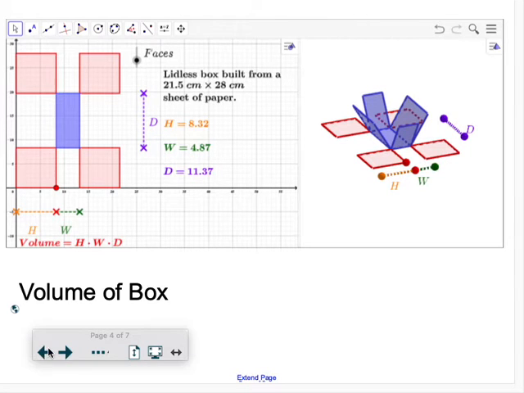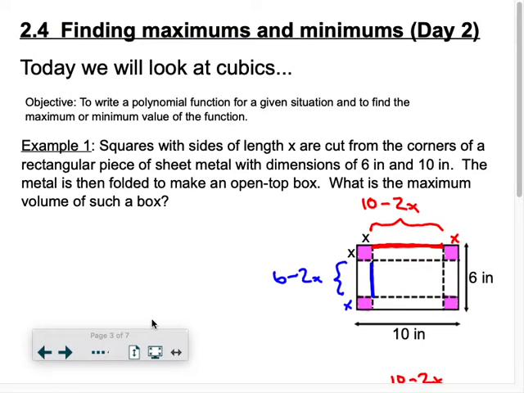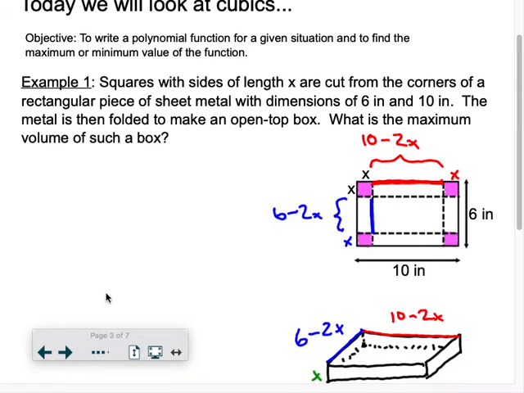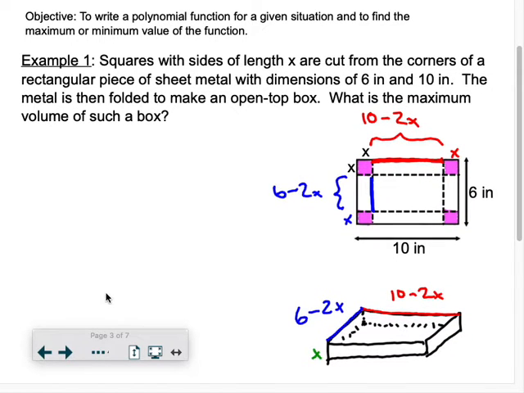This is also a problem I do in a geometry class. We're not going to do it the same way, but okay. First you have to make sense of dimensions. The entire dimension is 6 by 10, as you can see. But if we're cutting out these squares right here, if you just focus on the top of this rectangle right now, I'm removing this x and the other x on the right from that top dimension, which did measure 10.